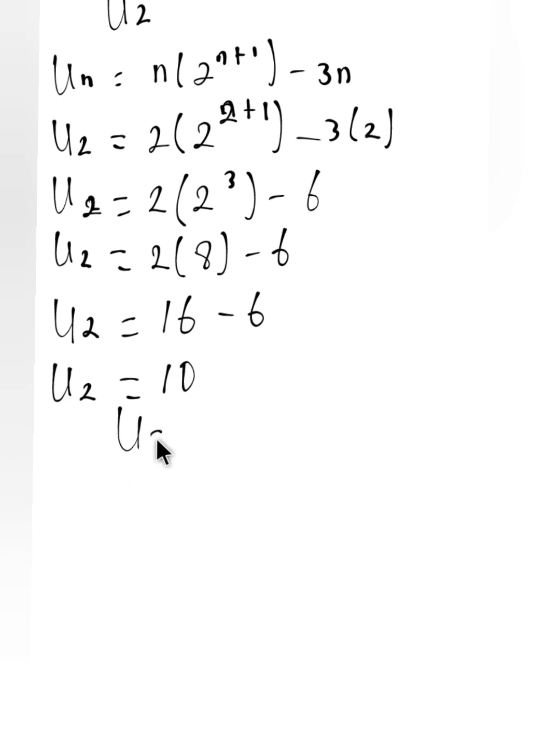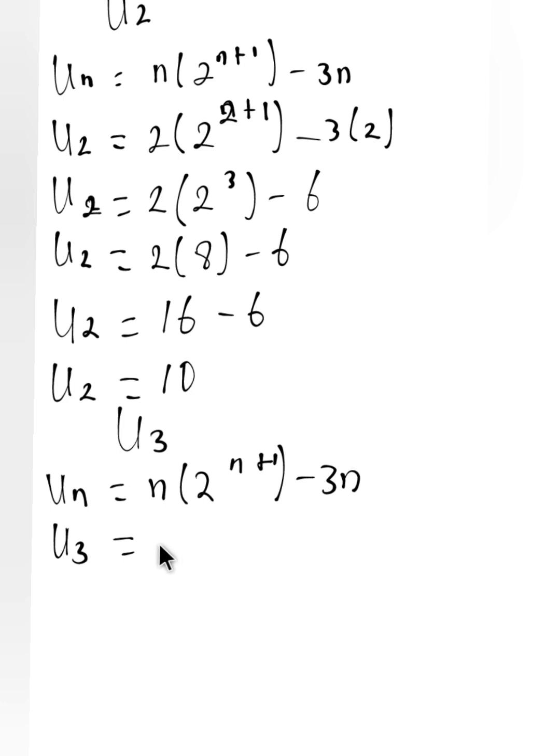Now let's solve for u3. Recall that un is equal to n times 2^(n+1) minus 3n. Now for u3, we substitute 3 for n: 3 times 2^(3+1) minus 3 times 3.